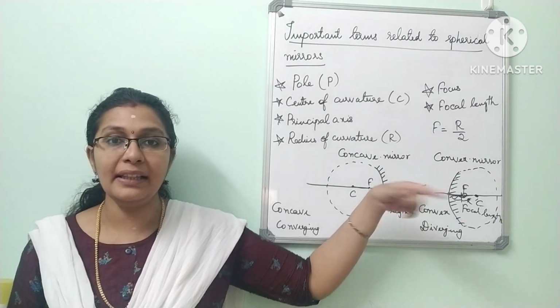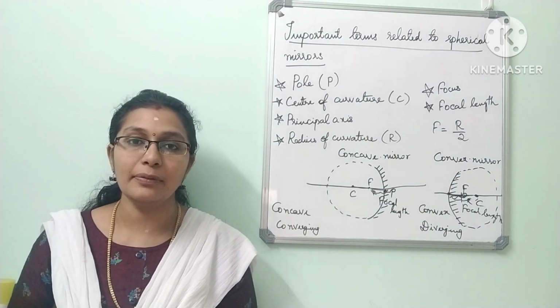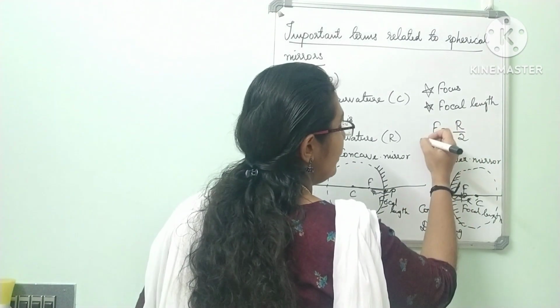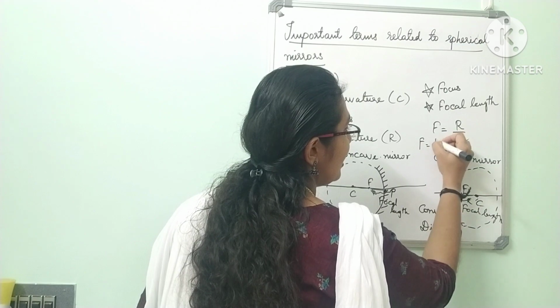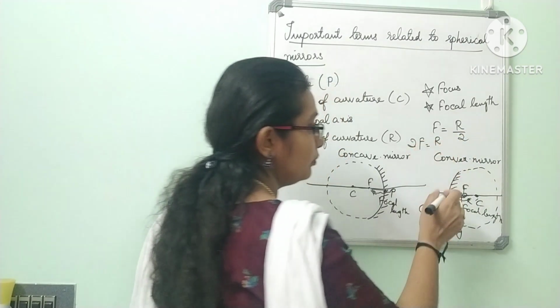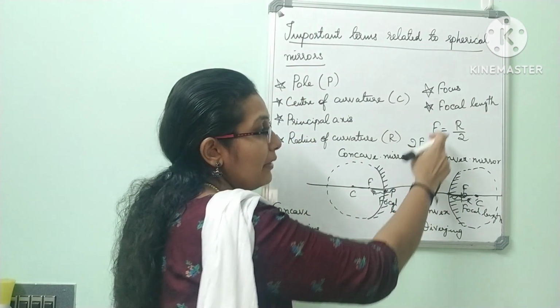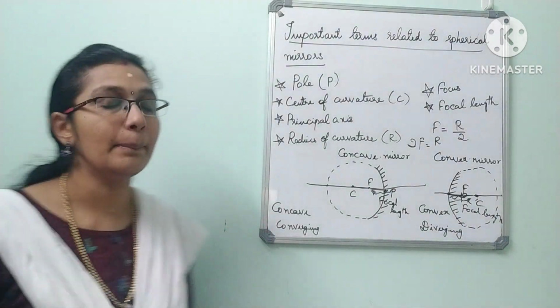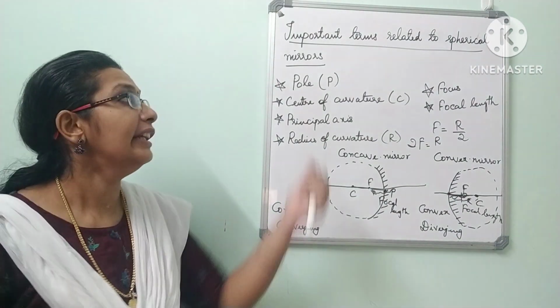Or if you know the focal length, then you can calculate the radius of curvature by multiplying it by 2. R is equal to 2f. F is equal to R by 2. You understand? So these are all the important terms that you have to know in spherical mirrors.